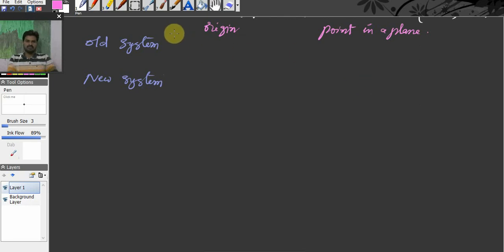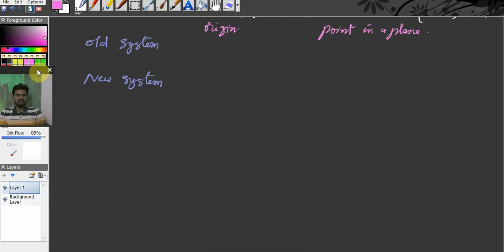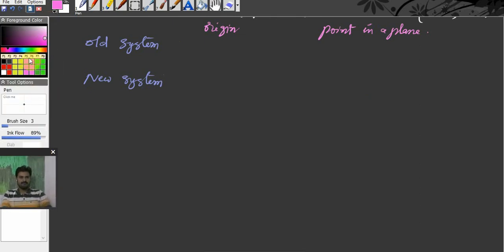Consider here the old system. In the old system we have taken the origin as already 0 comma 0. In the new system it will be changed as h comma k, that is O dash h comma k. So this is also called the shifted point, meaning the origin shifted point.